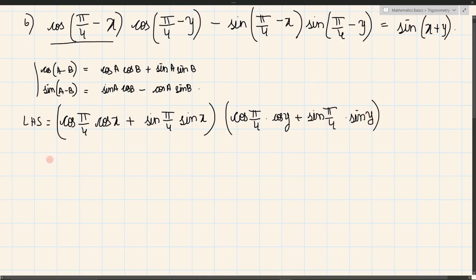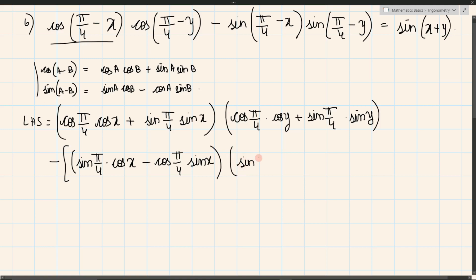So we'll have minus, this is the minus, into sine of A minus B: sine pi by 4 into cos x minus cos pi by 4 into sine x, multiplied by sine pi by 4 into cos y minus cos pi by 4 into sine y.